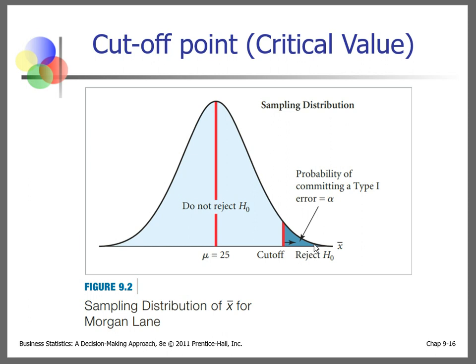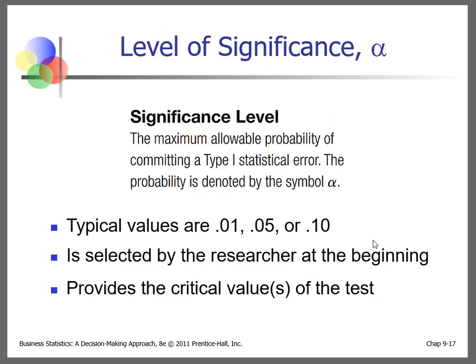This probability is called the significance level of the test and is denoted by the symbol alpha. Simply speaking, the significance level is the maximum allowable probability of committing a type 1 statistical error. Typical values of alpha are 0.01, 0.05, or 0.1. It is selected by the researcher at the beginning of the inference and provides the critical values of the test.